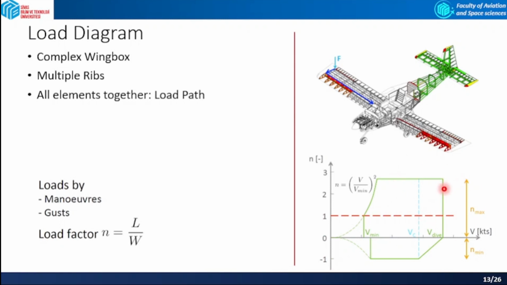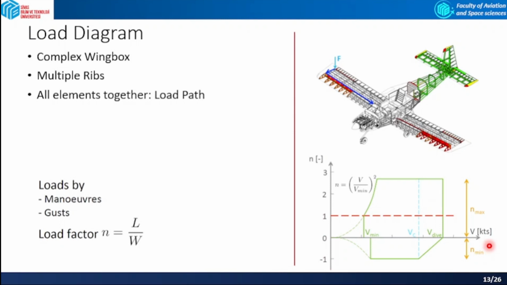This diagram depicts the load factor N. It is denoted by N, and it is a function of the aircraft velocity. In this graph, the load factor is non-dimensionalized, but the velocity is in knots. The velocity is the same as airspeed also.